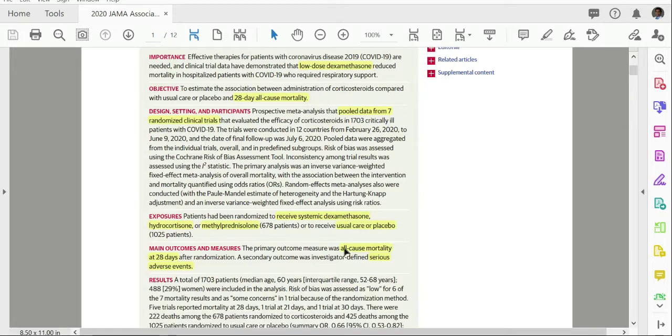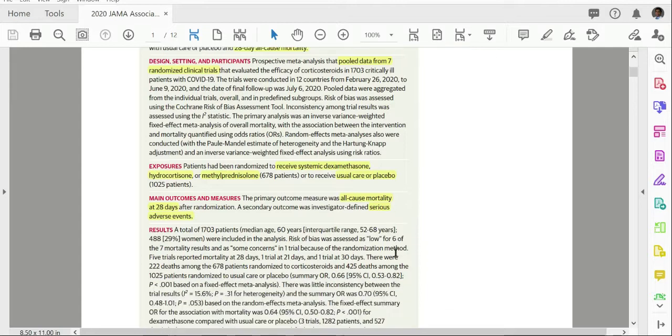And the measures they were looking at were all-cause mortality at 28 days and any serious adverse effects, looking at efficacy and safety.